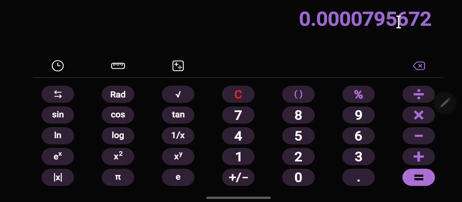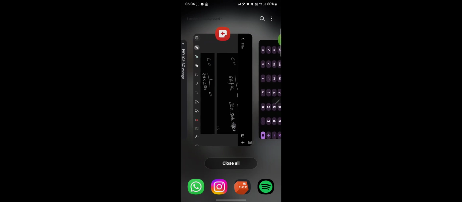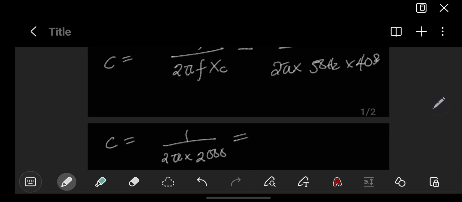This will be 79.5 times 10 raised to the power what? We'll just bring our points 1, 2, 3, 4, 5, 6. All right, so that will be 79.5 times 10 raised to the power minus 6.